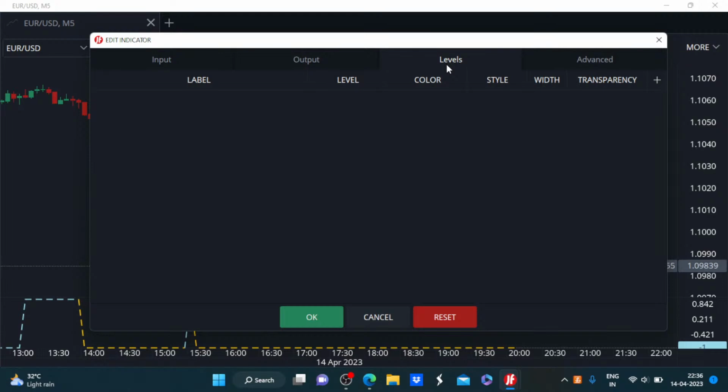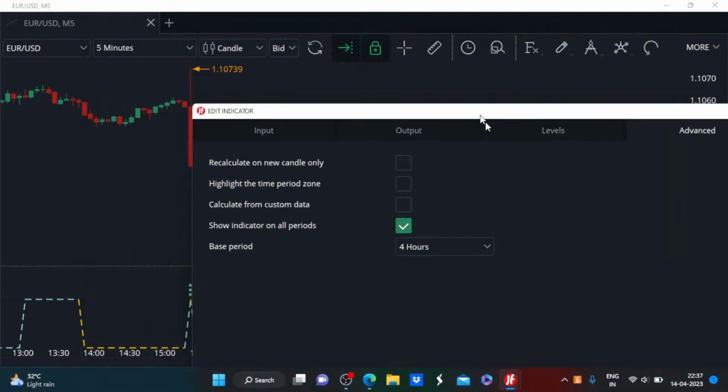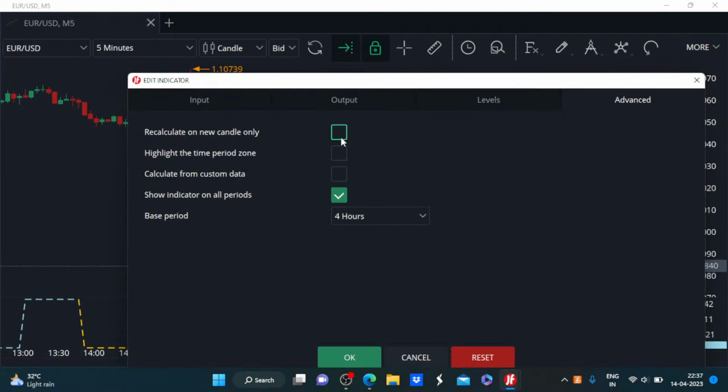Levels, there is not much you can use for levels because these two values are there, and it is not going to help you much with adding any particular third level. Recalculate on new candle only, that is going to be the case regardless whether you opt in for this option or not.